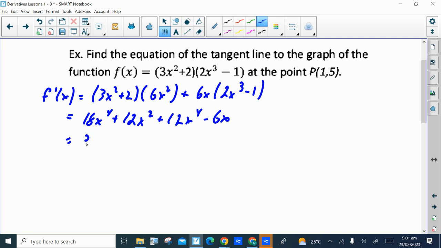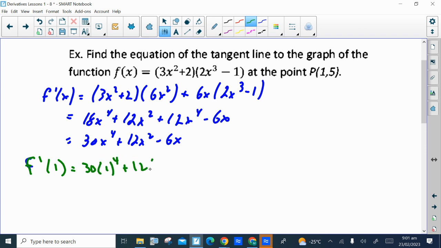So that'll give us 30x to the fourth plus 12x squared minus 6x. So there's our expression for the derivative. And the slope of the tangent is the value of the derivative at the point of tangency. The value of x at the point of tangency is 1. So f prime 1 will give us the slope of the tangent.